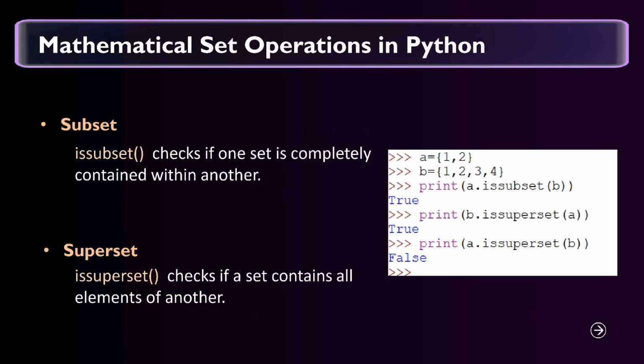Python also allows us to check relationships between sets. We use isSubset to check if one set is completely contained within another. We use isSuperset to check if a set contains all elements of another.